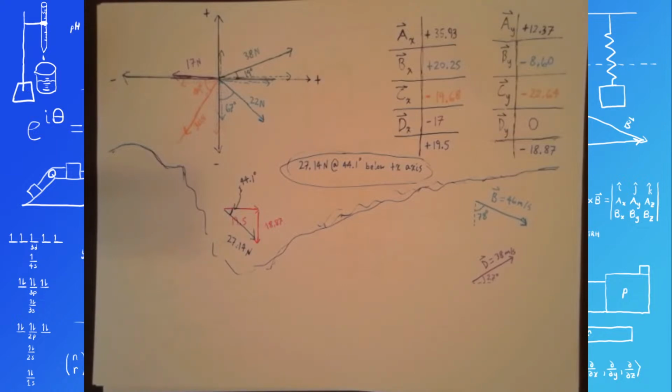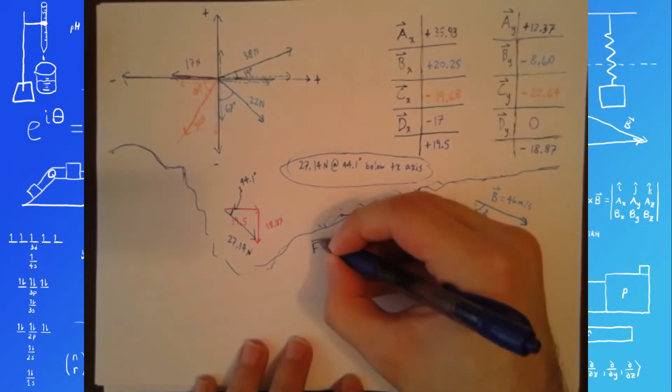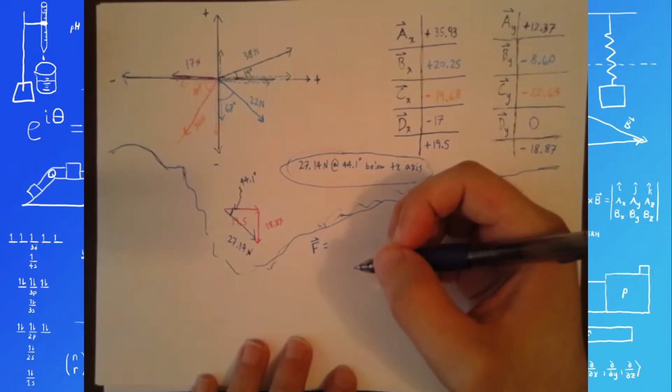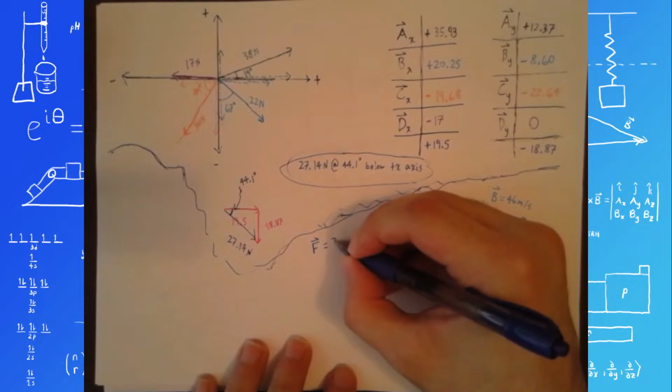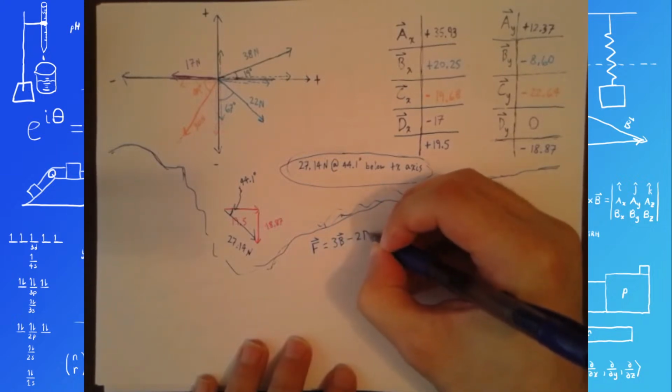And we wanted to draw vector F. Vector F, let's use dark blue for this. Vector F is supposed to be equal to 3b minus 2d.